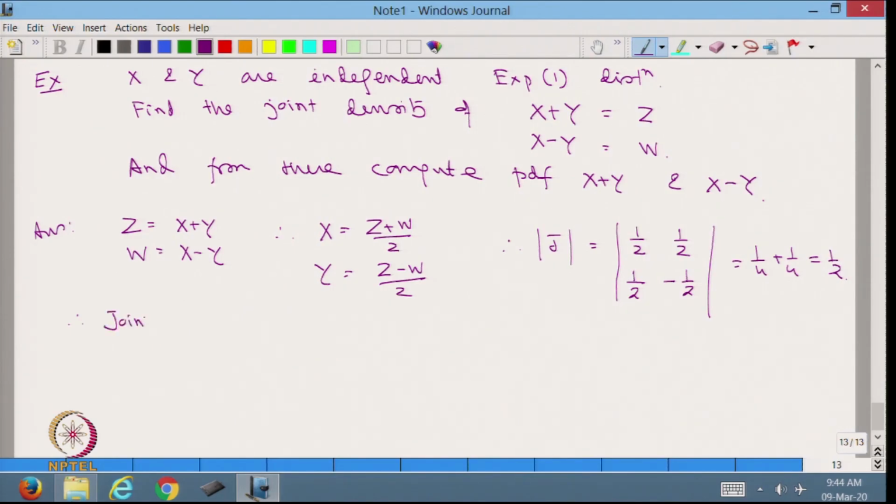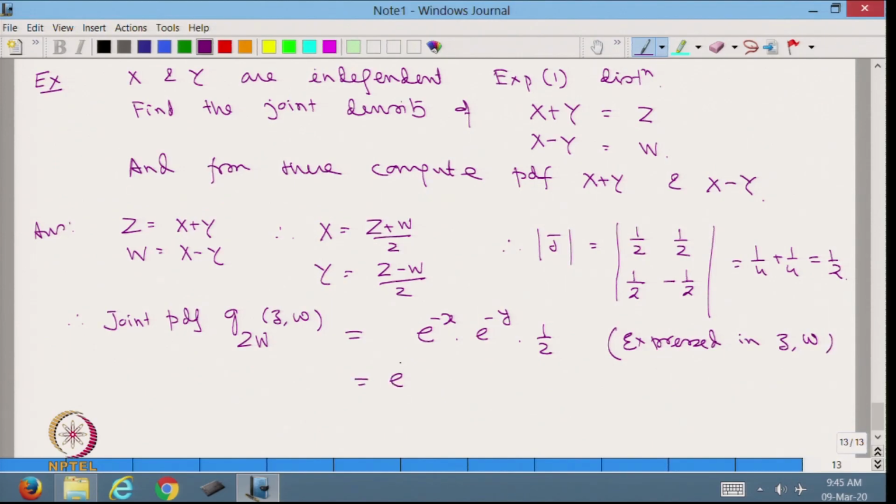Therefore, joint PDF g_ZW of z, w is equal to e to the power minus x into e to the power minus y into half, expressed in z, w, is equal to e to the power minus (x plus y) into half, which is half e to the power minus z, because x plus y is equal to z, when z is greater than 0, because it is the summation of two exponential random variables.